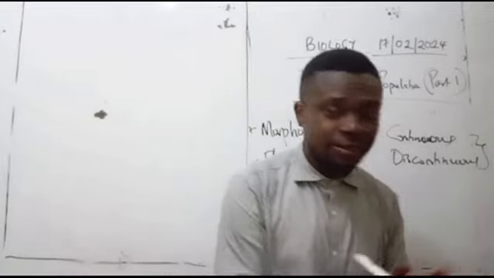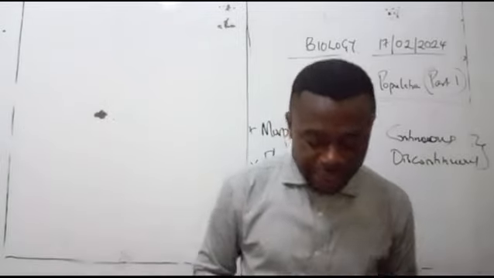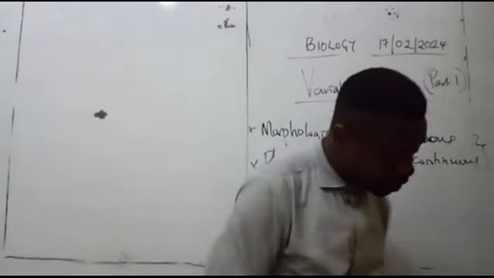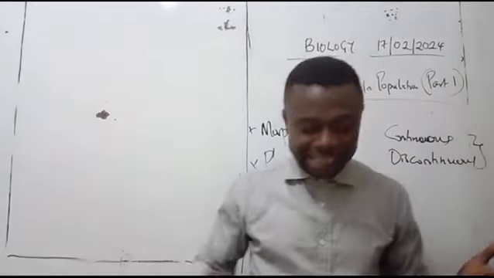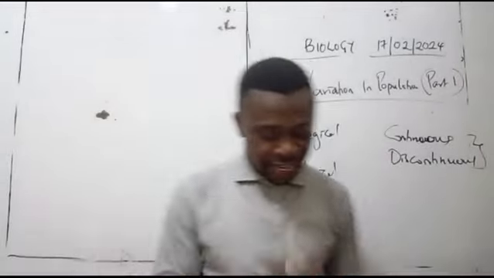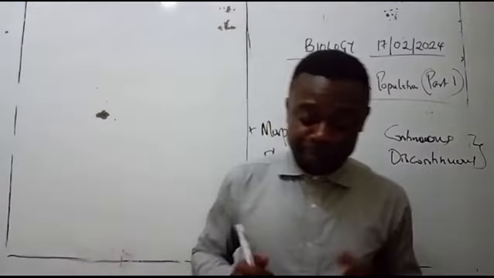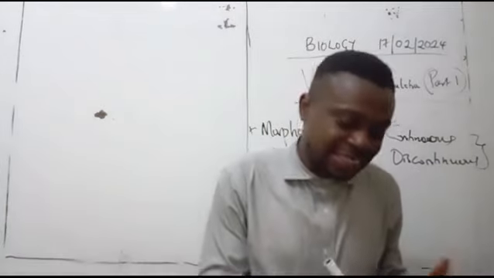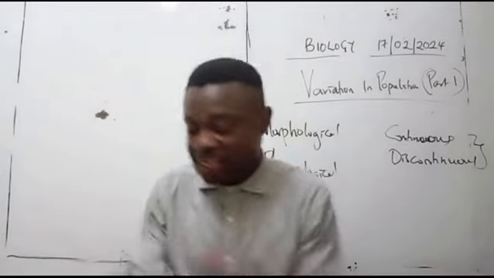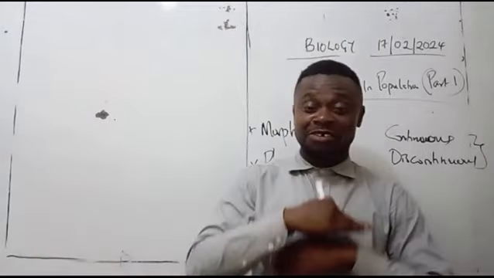The person has it or doesn't have it. The person can taste PTC or cannot taste PTC. PTC is phenylthiocarbamide. There's nothing like the person gradually tasting it and then not being able to taste it. The person can taste it or cannot taste it.